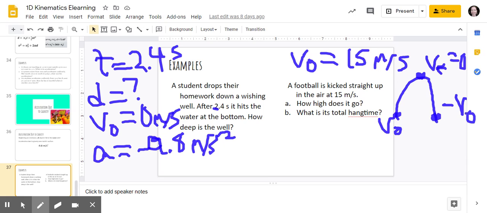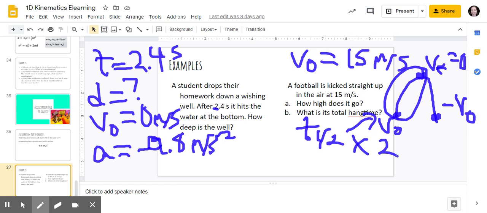So we can look at the path of the football from its first kick until it stops in the middle of the air. And that can give us half of our time. And then the second half of our time should be the second path that it takes. So whatever time you get for that section, just multiply by 2, and that'll get you time.